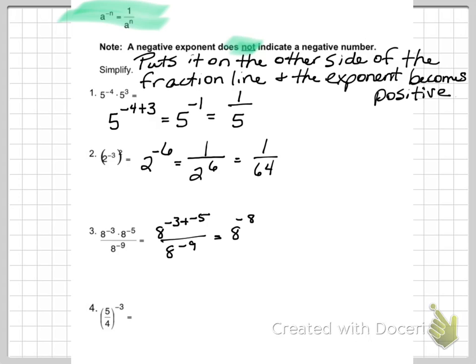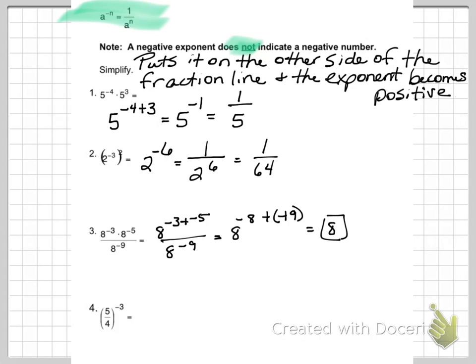Now we're subtracting for division, so it's minus negative 9, which becomes plus 9. And so our answer is 8 to the first, or just 8. Okay? That's one way you can do it, using just the straight laws of exponents.